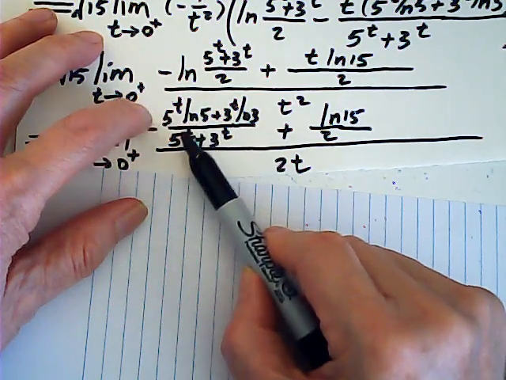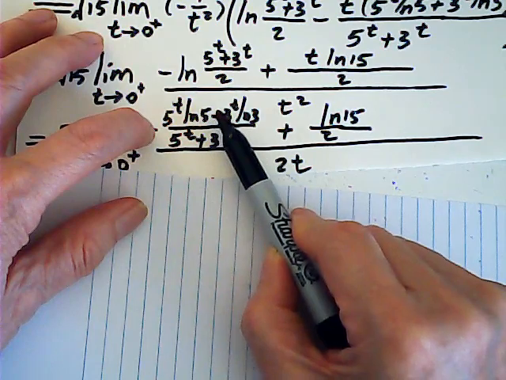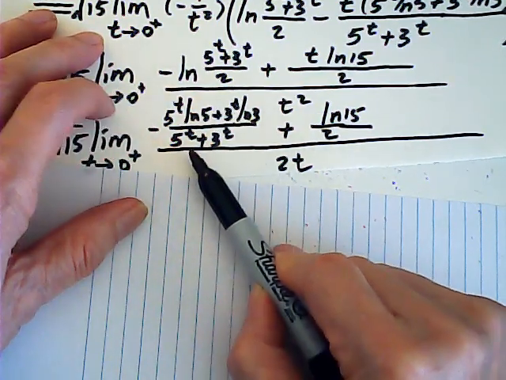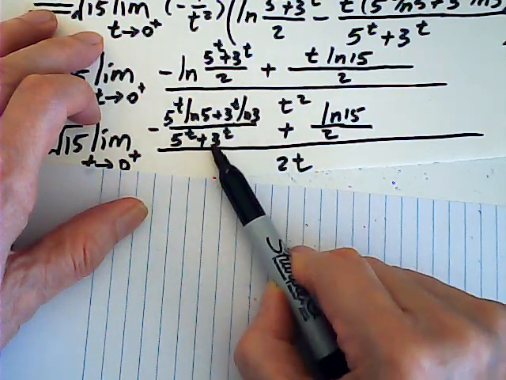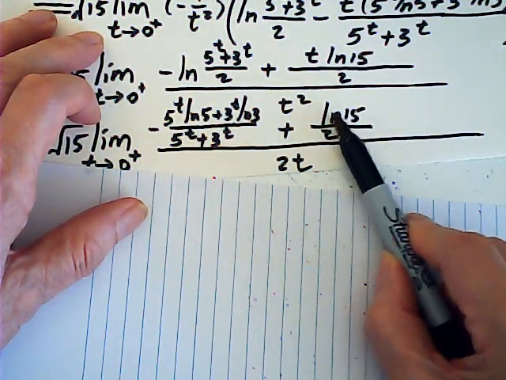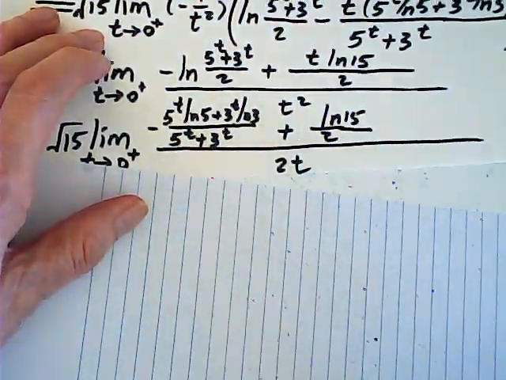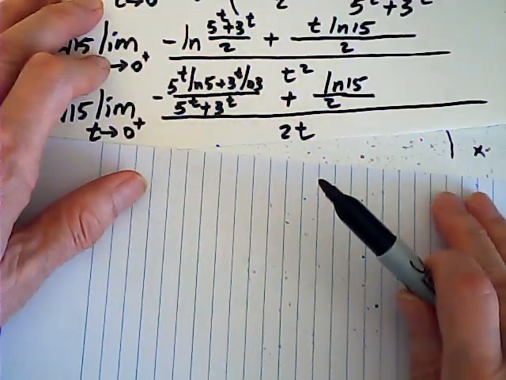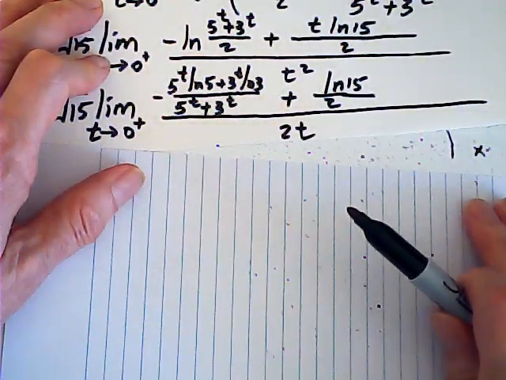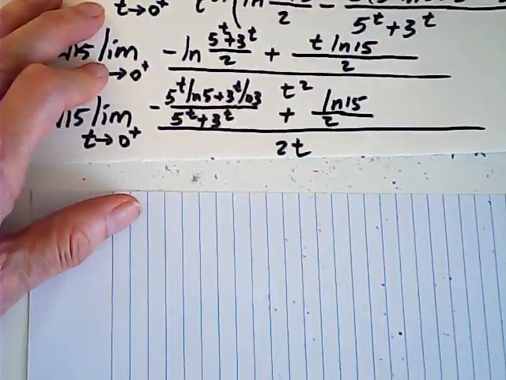If we take t as 0, this is 1, this is 1, with root 15 on top. This is root 15 over 2, negative, and this is root 15 over 2, positive. Therefore, this is 0. The denominator is also equal to 0, right? t goes to 0, so L'Hopital's rule applies again.